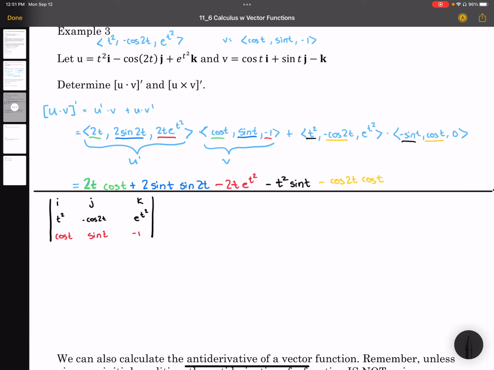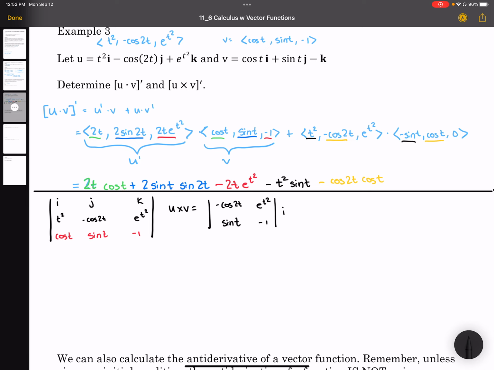So our cross product, U cross V, is going to equal negative cosine 2t times negative 1 minus e to the t squared sine t, times i.